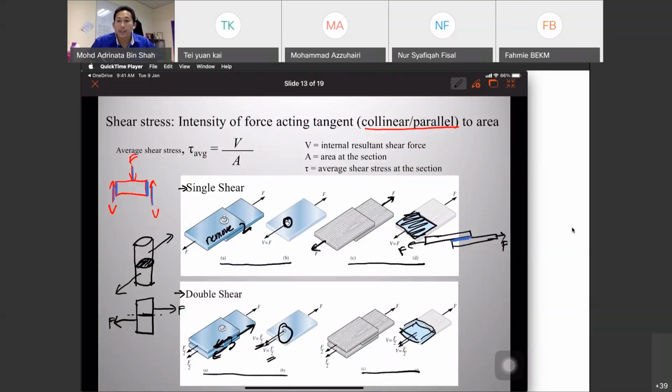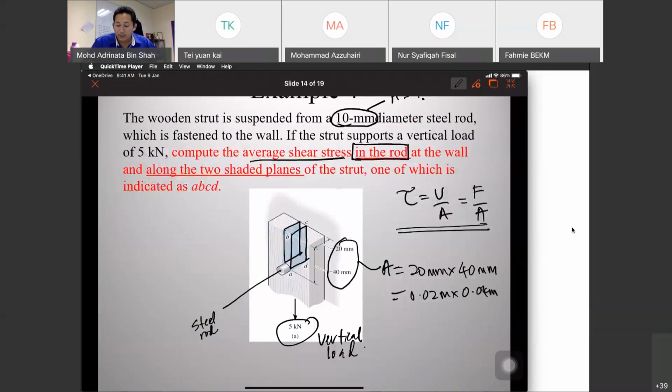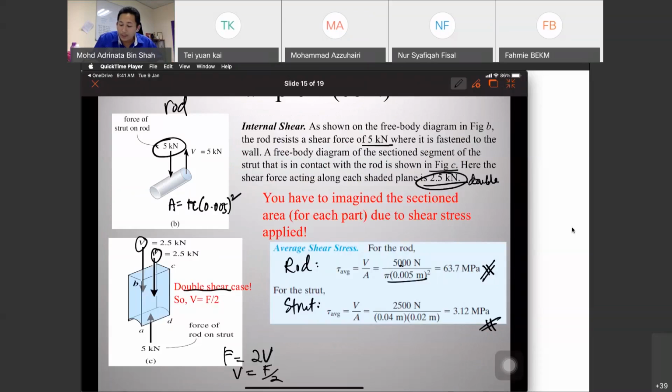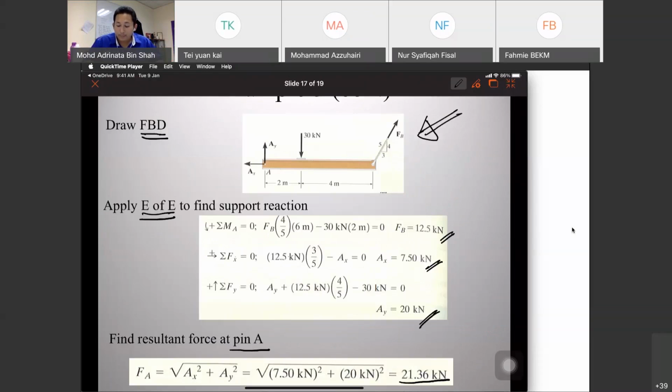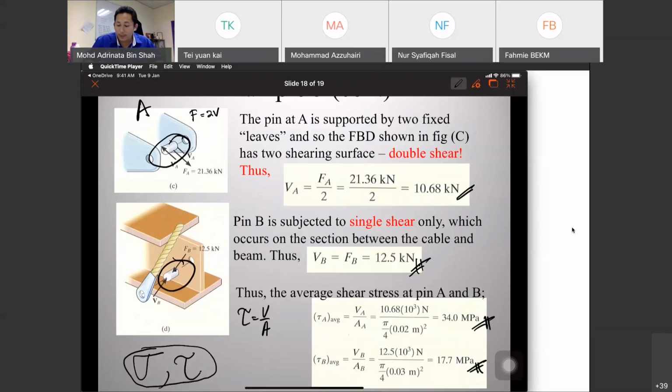You calculate your shear stress, and then you got your answers 63.7, 3.12. That is the shear stress. You have also calculated this one, and you got shear stress of 34 megapascal and 17.7 megapascal.